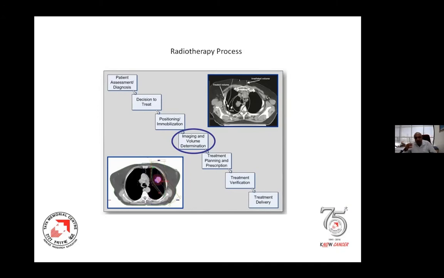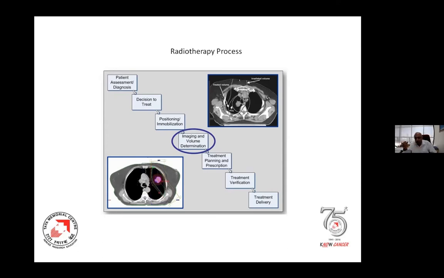You then make a decision to treat. And when you want to treat, you think about the position of the patient, which has to be absolutely comfortable because the treatment is going to take a couple of minutes.